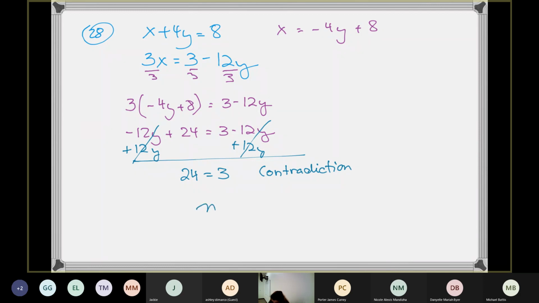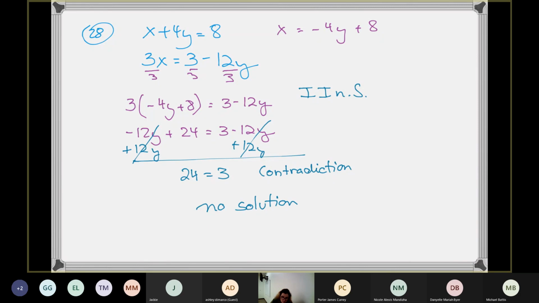There is none. So here is no solution. You actually have to write that down. No solution. Or you can just say IINS. This system is independent, inconsistent, no solution. In other words, this means that the lines, if you were to graph this, would be parallel.